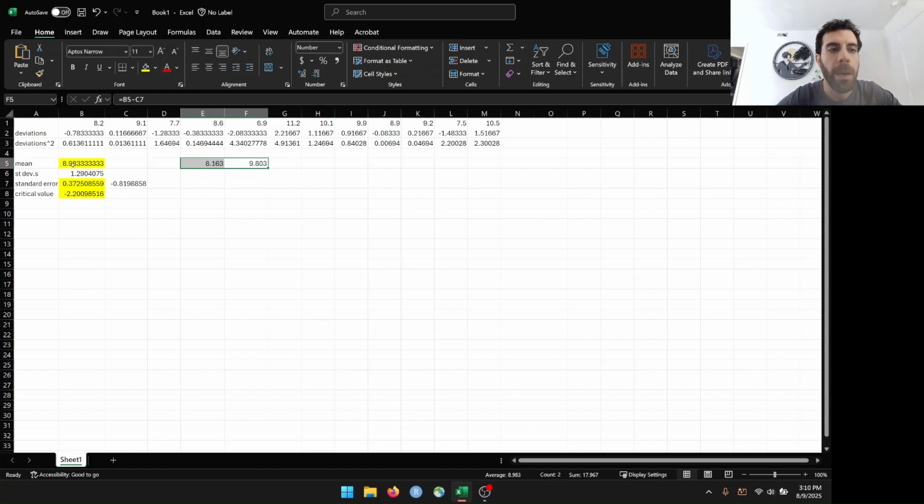So while the mean 8.98, let's just say roughly 9, does give you information, this gives you much more information. I'm 95% confident that it's somewhere between 8.16 and 9.8. So you're just providing more information this way.